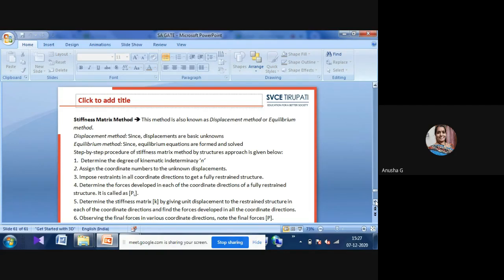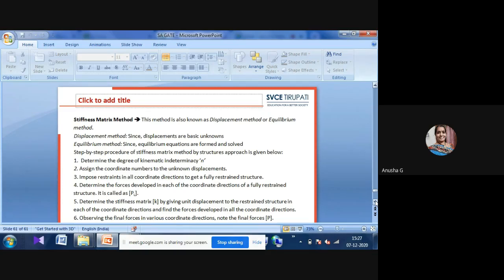The third step is we impose restraints in all the coordinate directions to get a fully restrained structure. The fourth is to determine the forces developed in each coordinate direction of the fully restrained structure, that will be the P force. Then we determine the stiffness matrix by giving a unit displacement in each coordinate direction to find the forces developed, and then the final forces in the different directions.